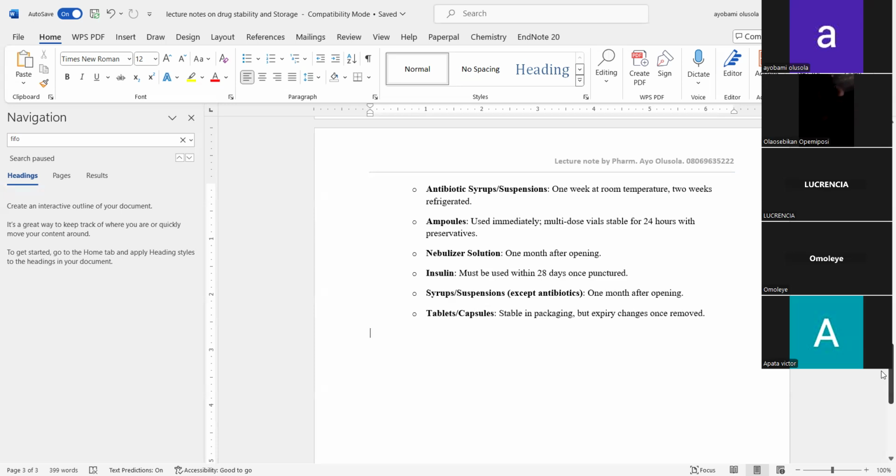You must follow the dosage regimen and complete it, because the longer you keep it, the shorter the expiration date. Once you remove a tablet or a drug from the package, it will no longer maintain that stability.